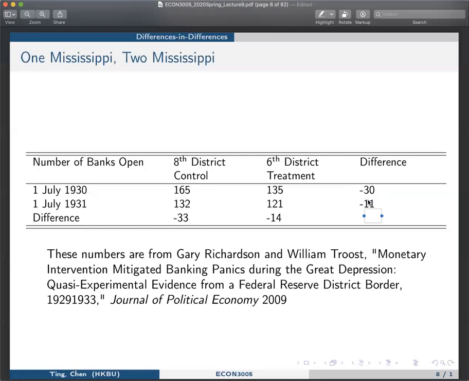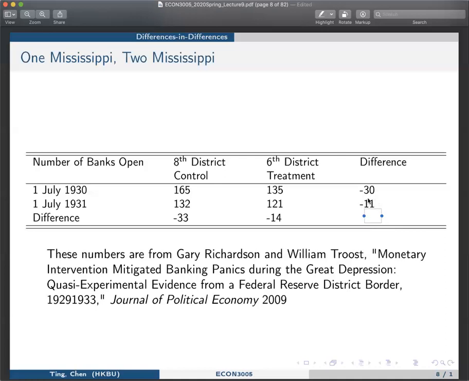So if we take the difference between these two, the minus 30 and minus 11, we will have 19. That's the actual effect. This is post-treatment, right?